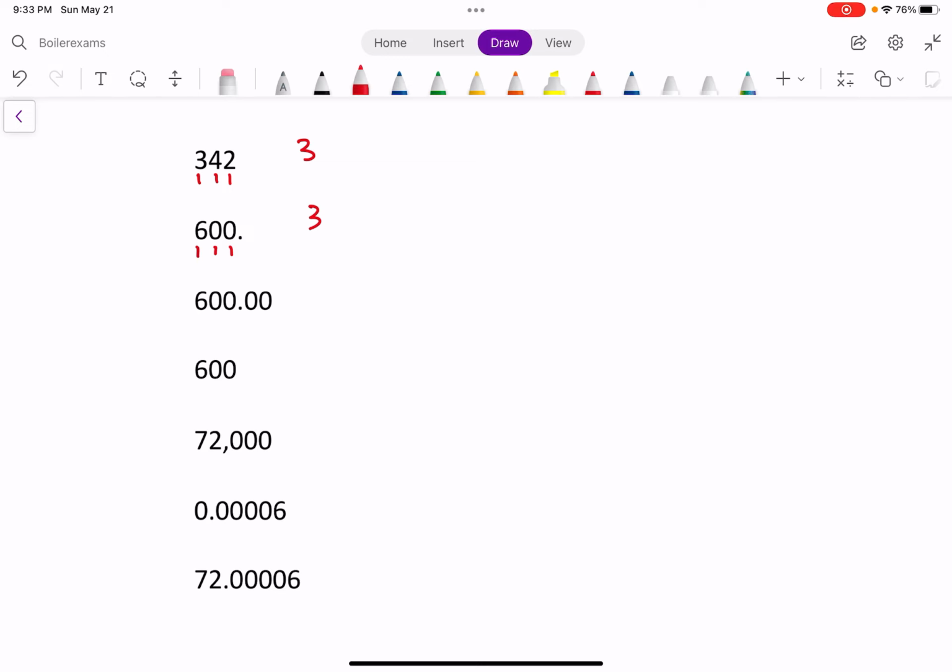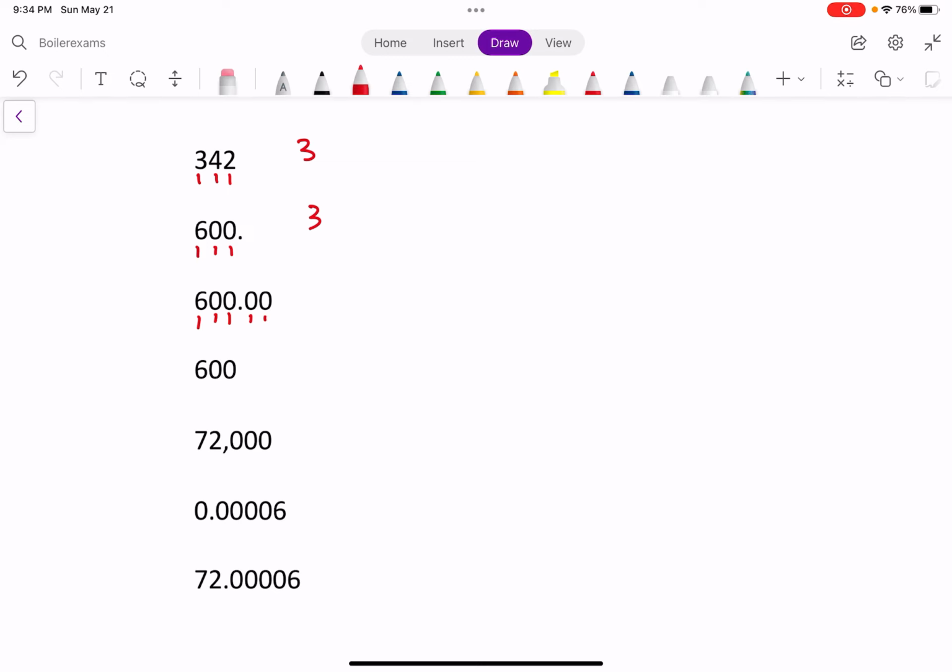Also, any zeros that come to the right of a decimal point that have a non-zero number to the left of the decimal point are also significant. So it sounds kind of confusing. We know that 6 obviously is significant because it's non-zero. These zeros are significant because they're to the left of a decimal and also in between other significant figures.